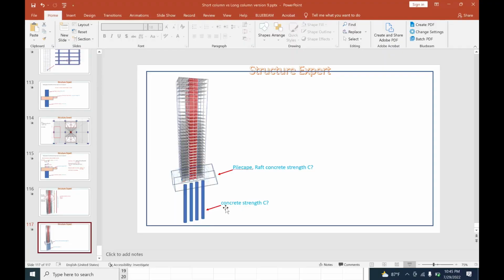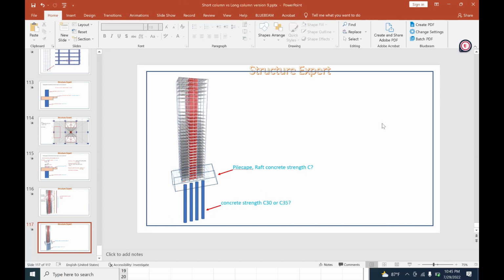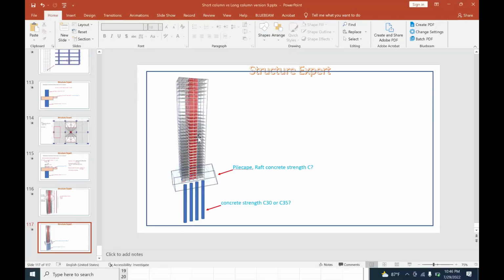So for the bored pile, you can use C30 or C35 as the maximum strength. Used in the concrete bored pile, you can use 30 or 35 megapascal.